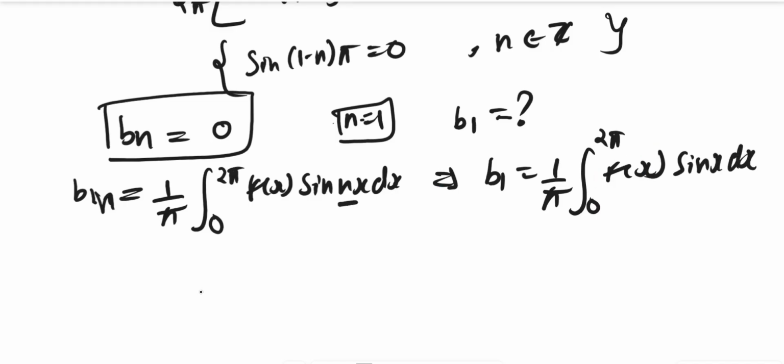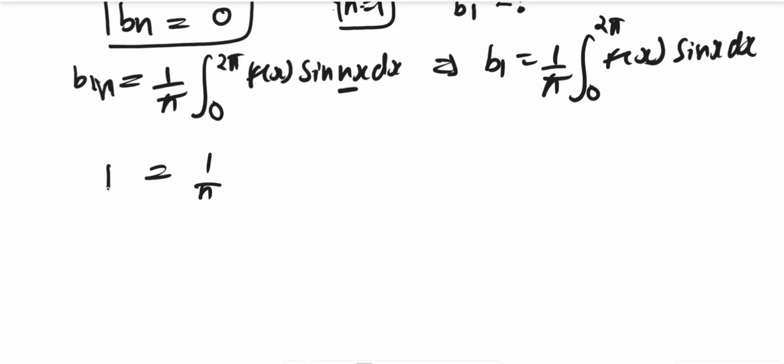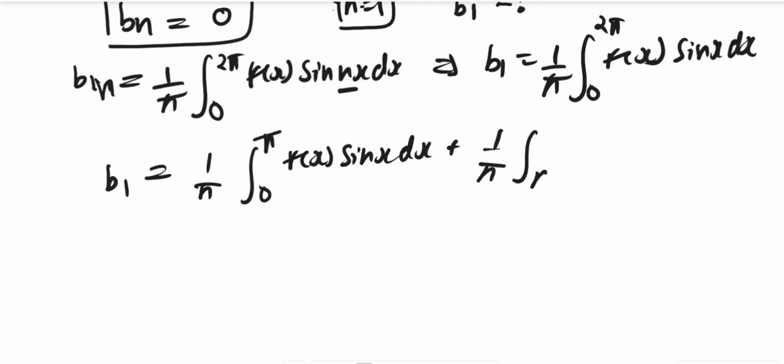Again we have to take it in two intervals, since the function is given in two intervals. So b1 is equal to 1 upon pi, integration 0 to pi, f of x sin x dx, and 1 upon pi, integration pi to 2 pi, f of x sin x dx.